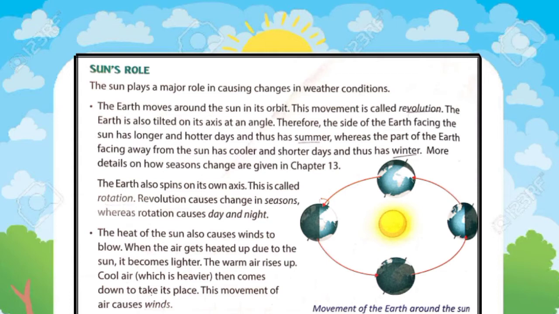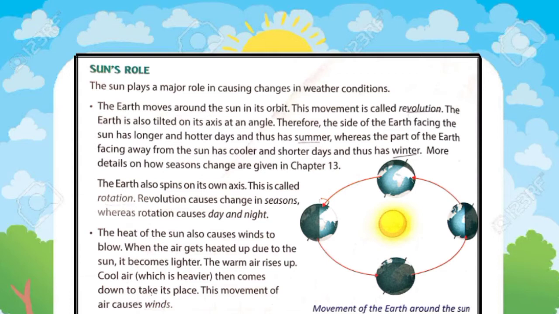Maybe you have observed that from earth the sun looks like it moves across the sky in the daytime and appears to disappear at night. This is because the earth is spinning towards the east.